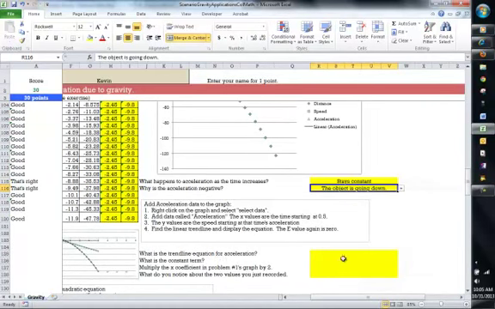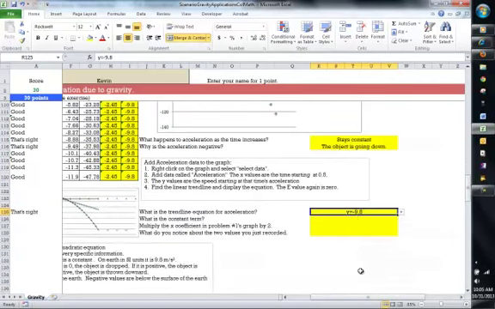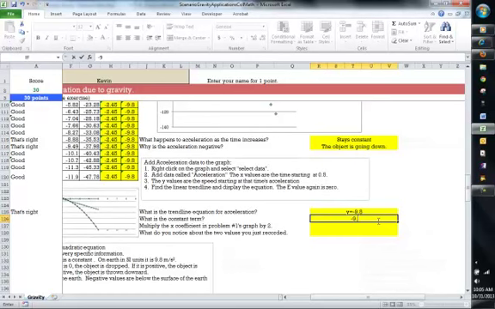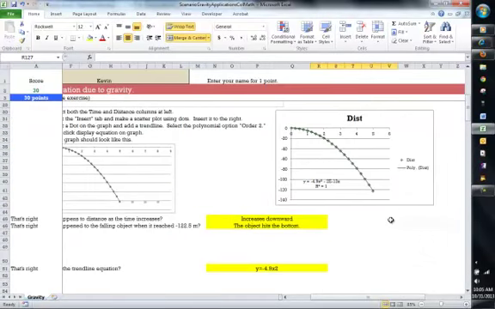What is the trend line for acceleration? Well, it's negative 9.8. What is the constant term? Negative 9.8. And then multiply the coefficient of x in number one's graph.